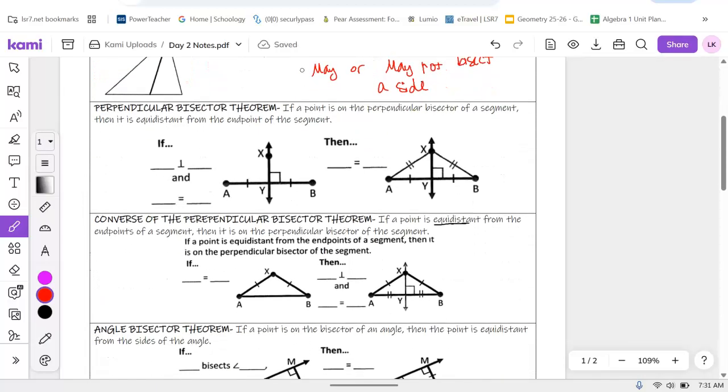Perpendicular bisector theorem. If a point is on the perpendicular bisector of a segment, then it is equidistant from the endpoints of the segment.